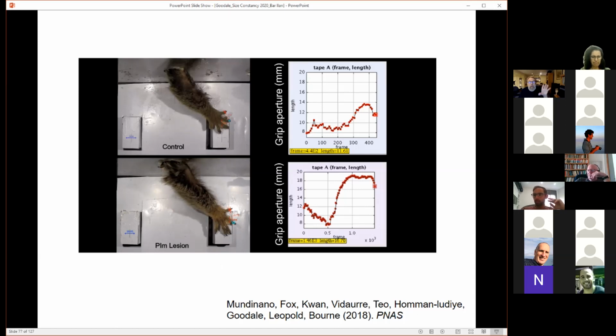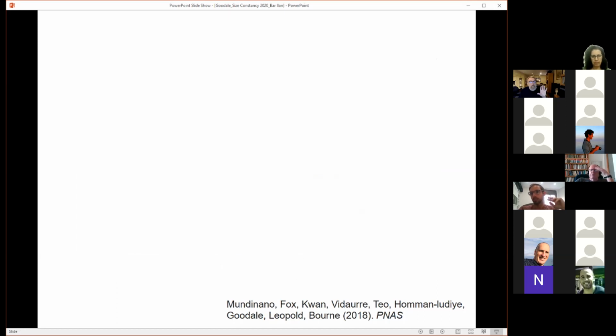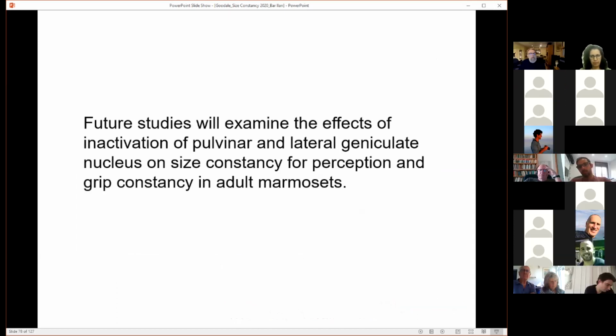They're adults here, and clearly this is a developmental story. Future work then, we want to examine the effects of the inactivation of the pulvinar and the LGN separately on size constancy perception and grip constancy in adult marmosets, and that's work that's ongoing now.